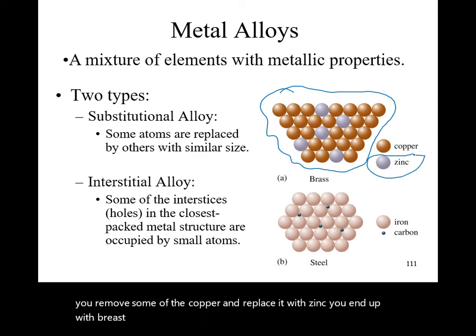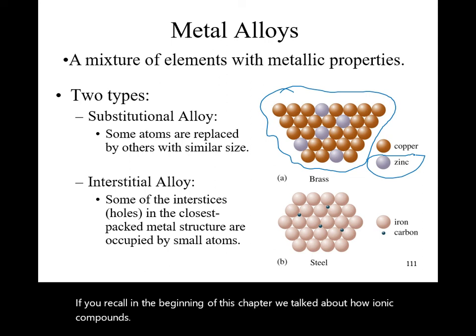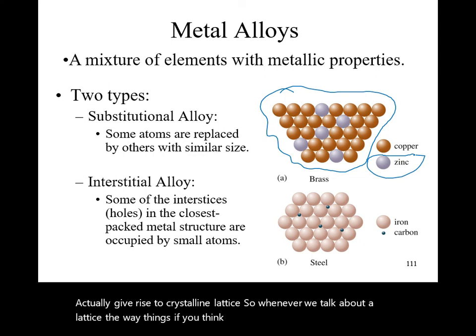That's an alloy. On the other hand, interstitial alloy, if you recall in the beginning of this chapter, we talked about how ionic compounds actually give rise to crystalline lattice. So whenever we talk about a lattice, if you think of spheres when they pack, there's always an empty space between them.